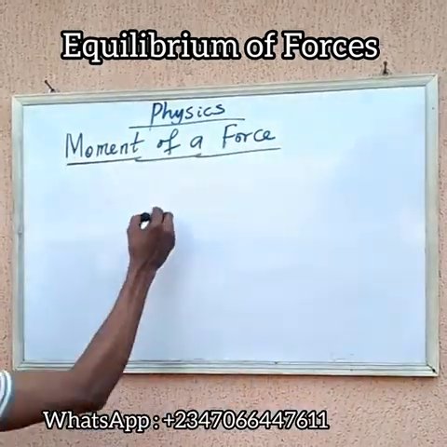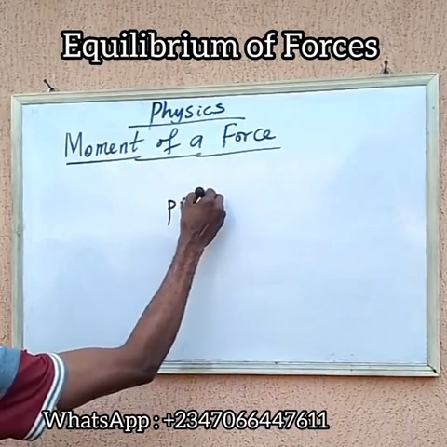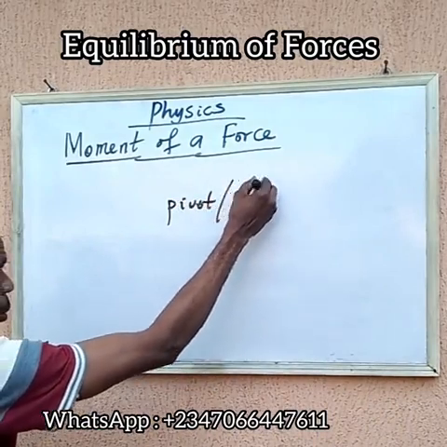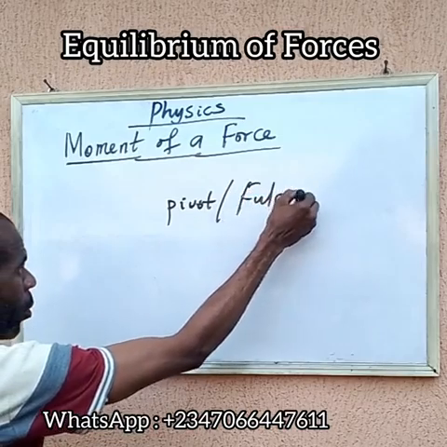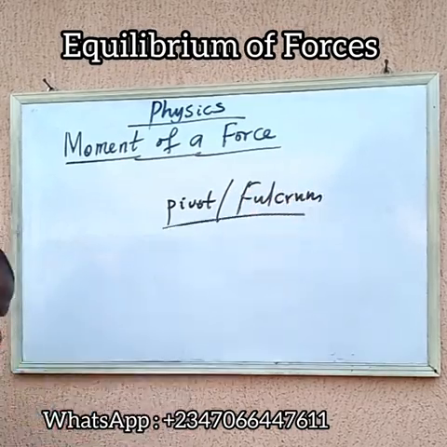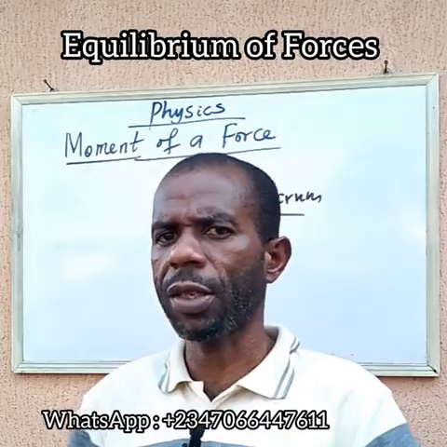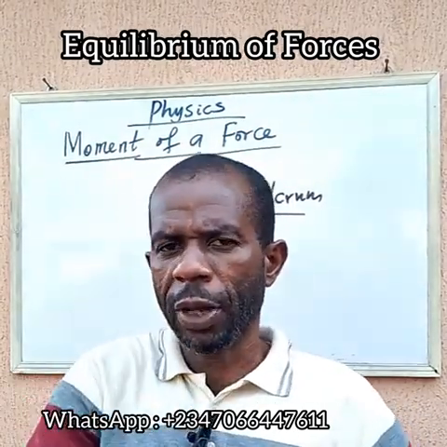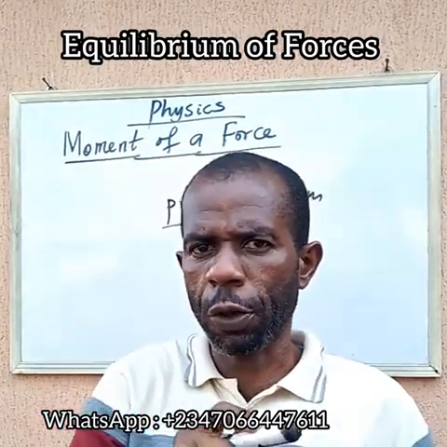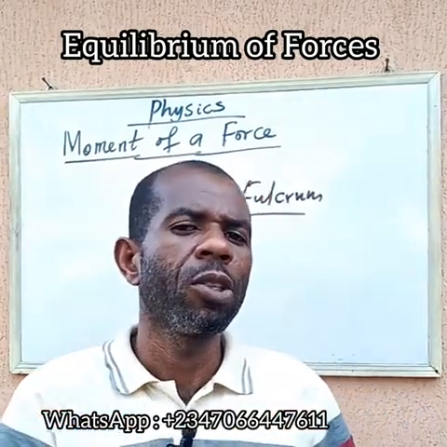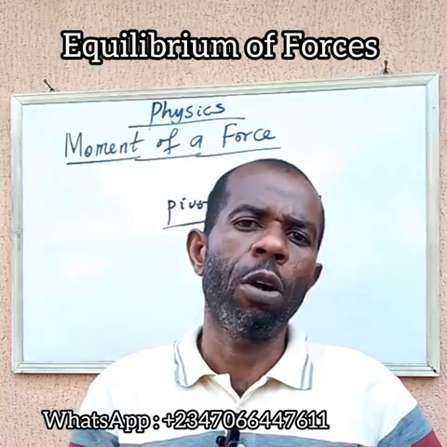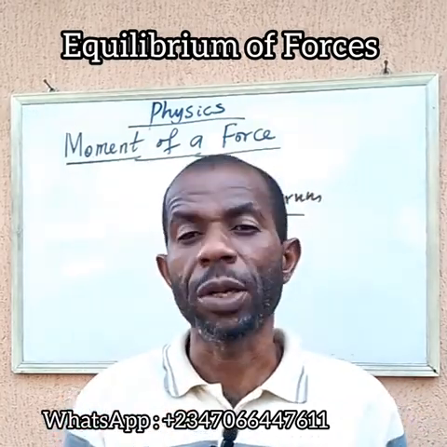So we call that pivot or fulcrum. Good. Now, since a force causes a body to rotate or turn about a point, which is known as the fulcrum or axis, the turning effect of this force is what we call moment.